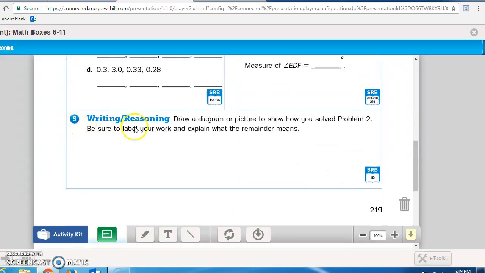And finally for 5, it says draw a diagram or picture to show how you solved problem 2. Be sure to label your work and explain what the remainder means. Pause the recording now, finish Math Journal, page 219. Go up to the answer key, correct it, and again, anything wrong, bring it to me so I can explain where you went wrong.